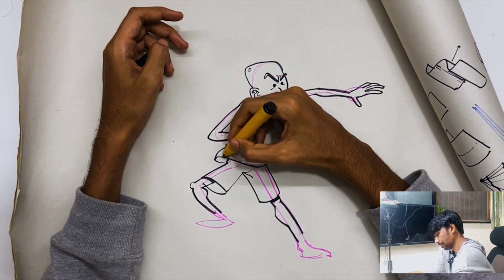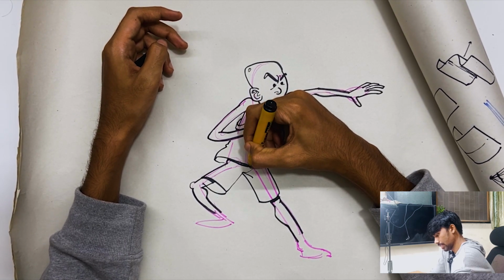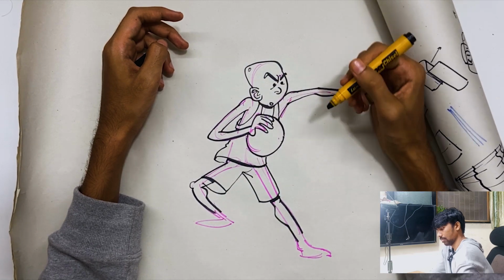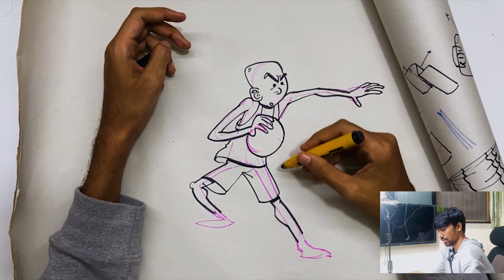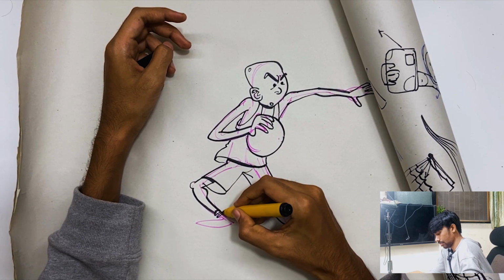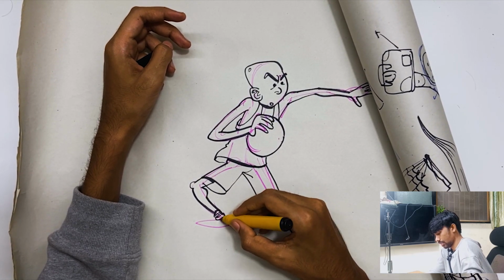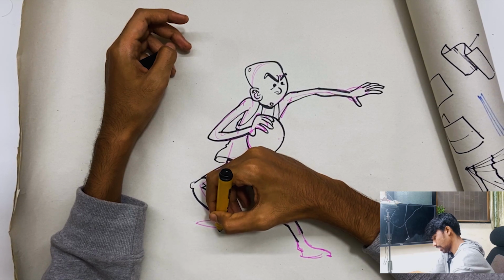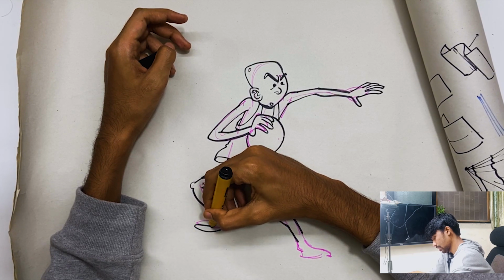Now see here, I'll put a darker line between the jersey and the shorts. Now, I'll draw stylized shoes.